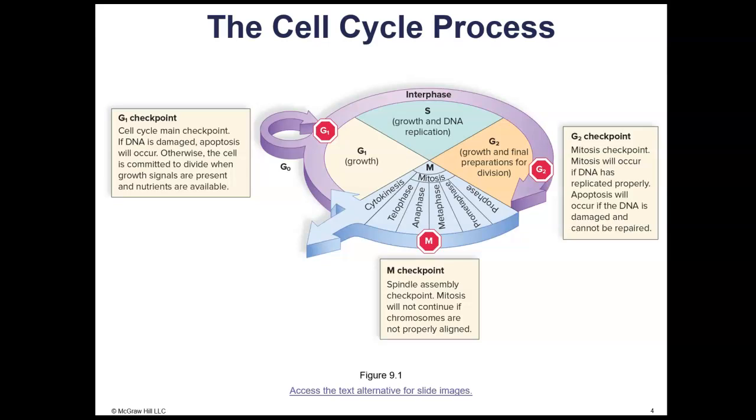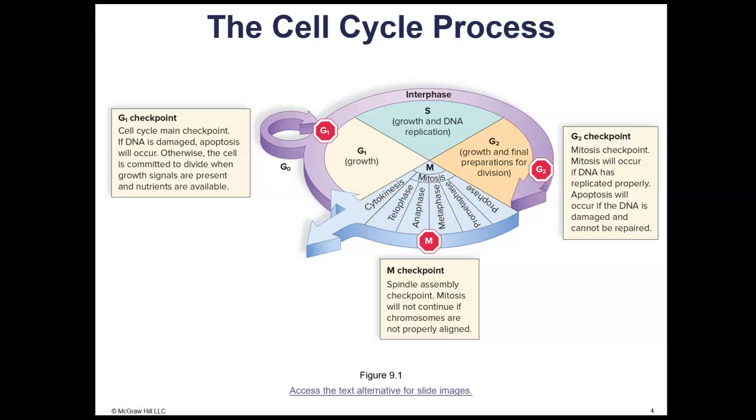So this pie graph also lets you know, for most cells that are actively dividing, the relative amount of time that the cell spends in each phase. Obviously what's highlighted here in purple is interphase: the cell spends the majority of its time in interphase and less of its time actively dividing in the M stage, mitosis and cytokinesis.